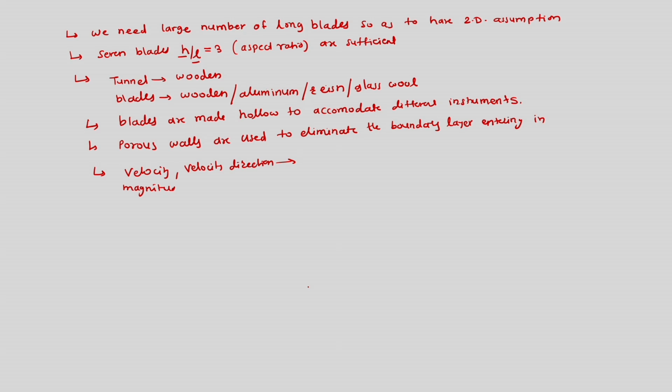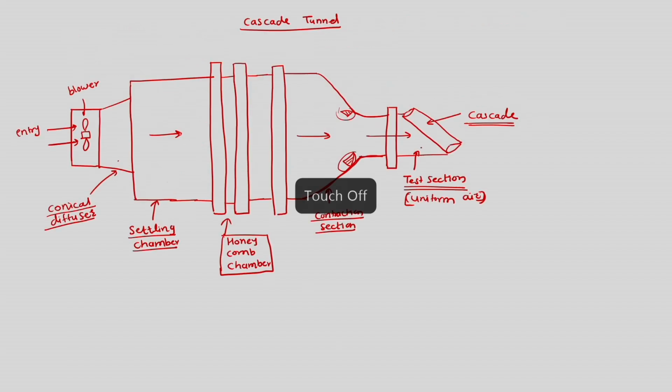We can also do the measurement for the total pressure or pressure before and after the cascade. We will do the measurement of velocity before the cascade and after the cascade. Similarly, for pressure measurement, we can do it before and after the cascade. So traverses are placed so as to measure these parameters.